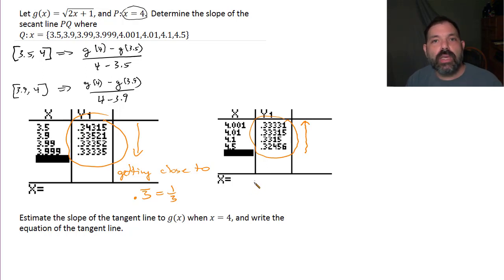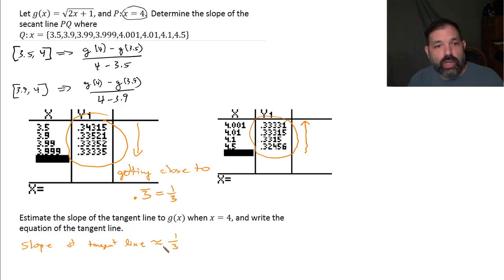Again, they appear to be getting closer and closer to 0.3 repeating, or 1/3. So from this, it appears that the slope of the tangent line to g of x, when x equals 4, appears to be, we'll see, approximately 1/3.